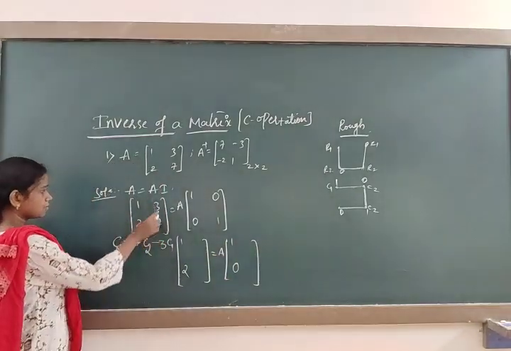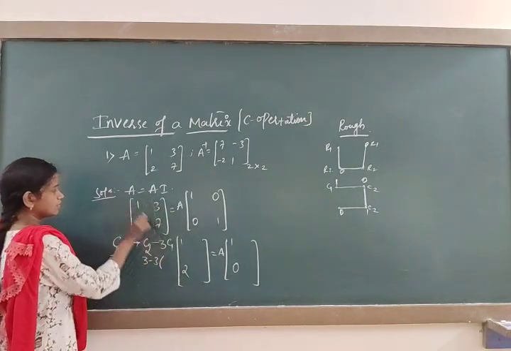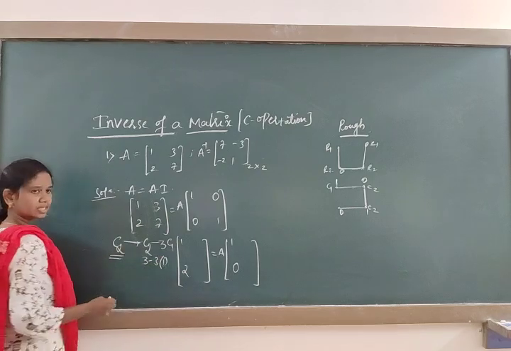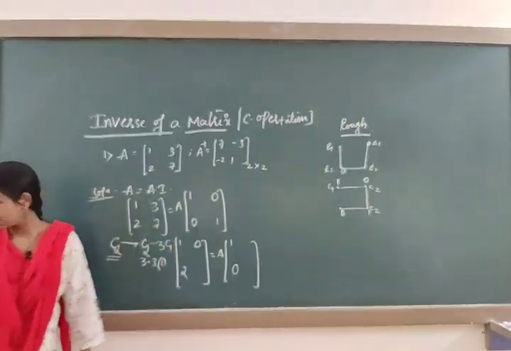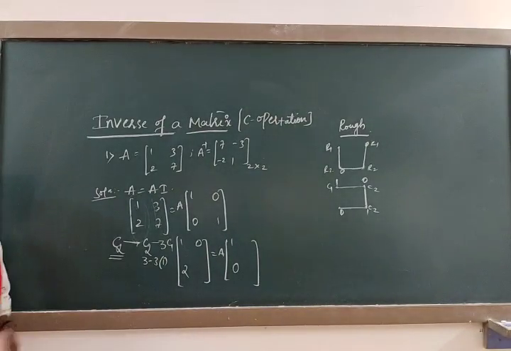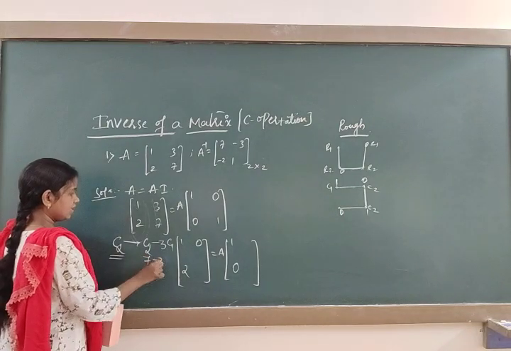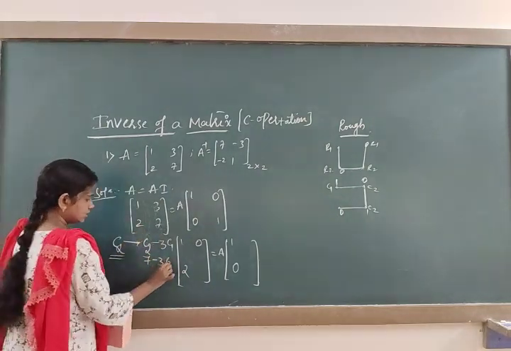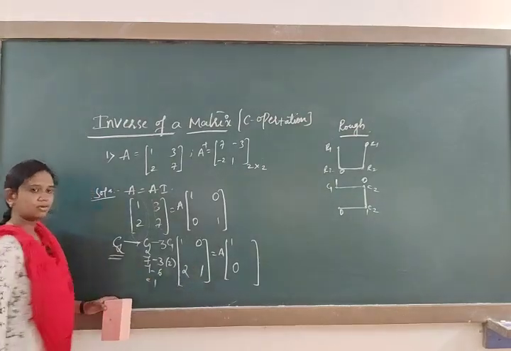Now substitute one by one. This is C2: 3 minus 3, C1 is beside this, 3 minus 3, it is 0. Next take this one, 7 minus 3 times, beside this it is 2, 7 minus 6, it is 1. So write here 1.